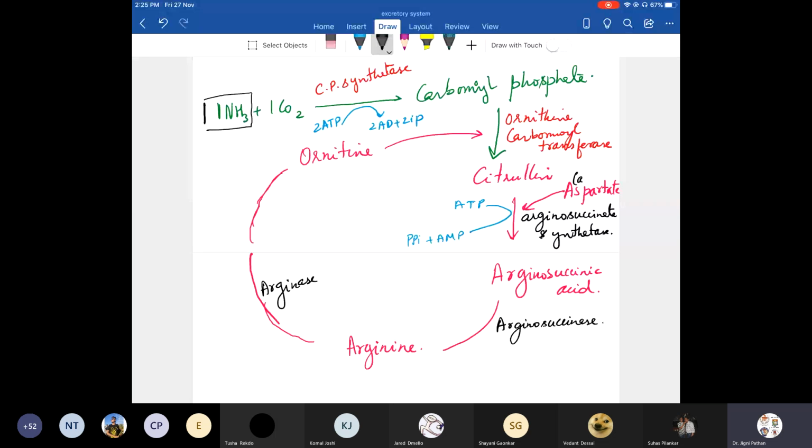Aspartate is an amino donor. I told you 2 ammonia will combine with 1 carbon dioxide. Here first 1 ammonia is combining and then 1 more amino group which is coming from aspartate. So 2 ammonia in the presence of 1 carbon dioxide gives you urea. Where is the urea coming out? The urea is coming out here.